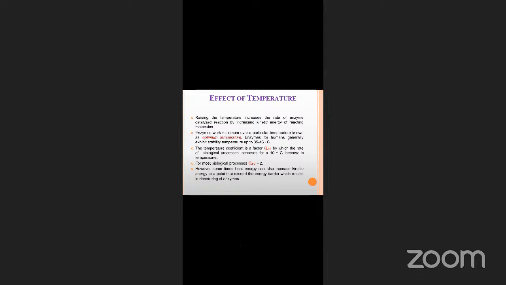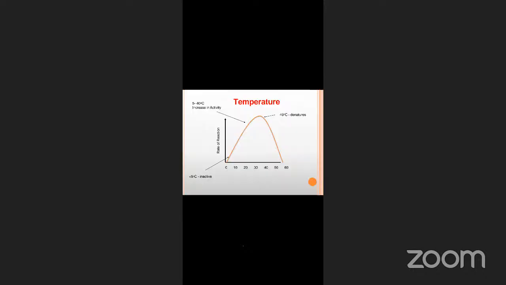But there is some point where the reaction will start dropping. Why? Because the enzyme, which is a protein, will start to denature when exposed to very high temperatures, beyond its optimum temperature. So see here the graph. At 5 degrees centigrade or less, it is inactive.